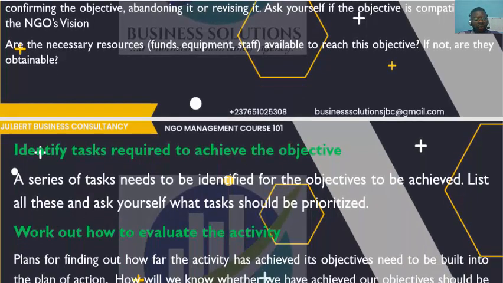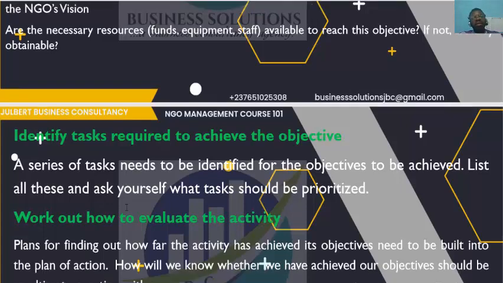Okay. Now, after setting your objectives and assessing them, the next thing you do is to identify the tasks required to achieve the objectives. List out the various tasks required to achieve the objectives. So a series of tasks need to be identified for the objectives to be achieved. List all this and ask yourself what tasks you need to prioritize. When you're able to identify the tasks that you need to prioritize, then you will be able to know which task is coming first.